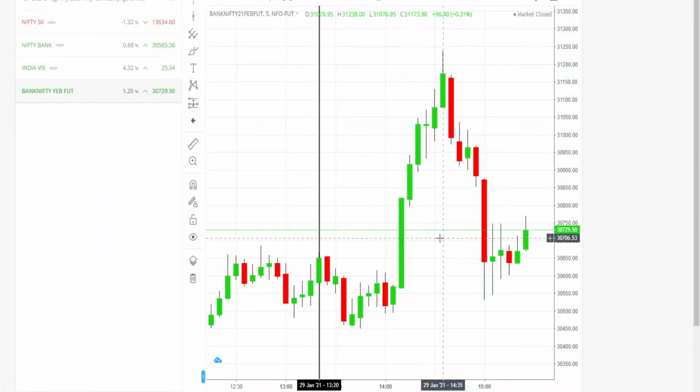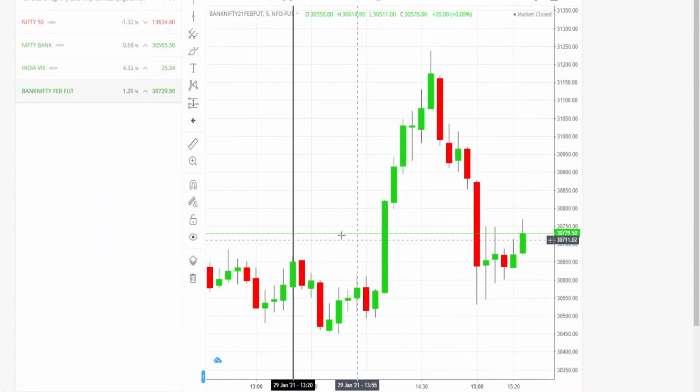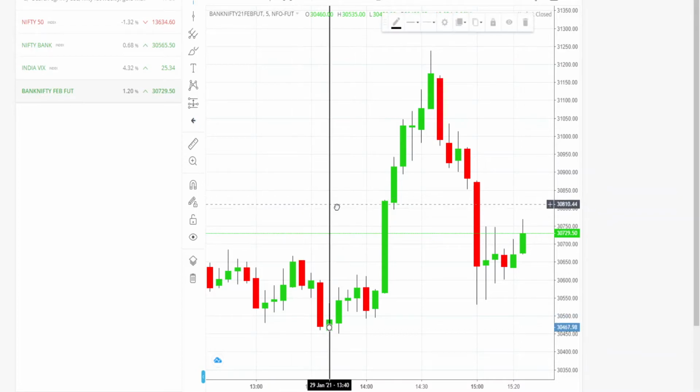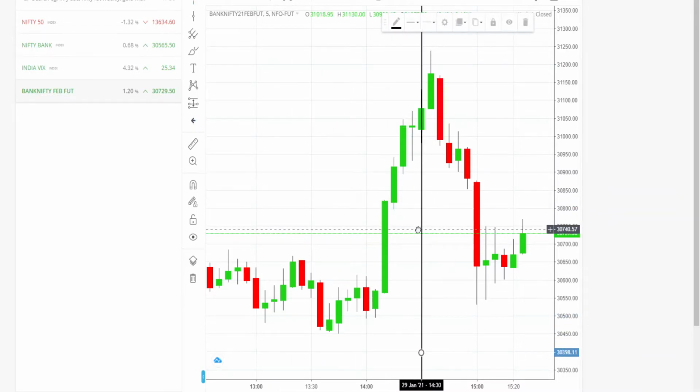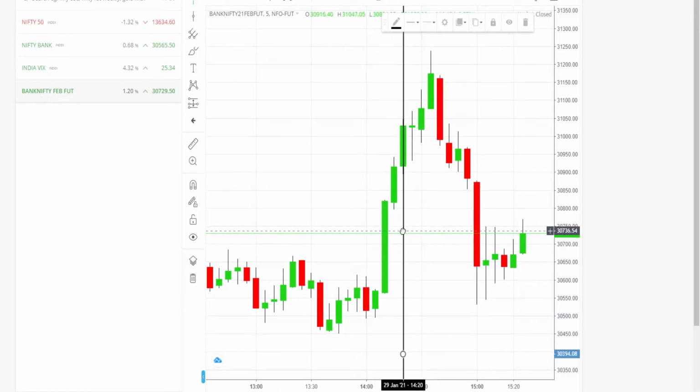Here now. Yes. So the price was moving up, did not sustain, then came down. So the option chain is the leading indicator.